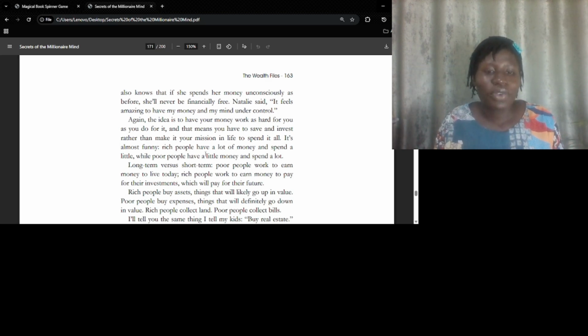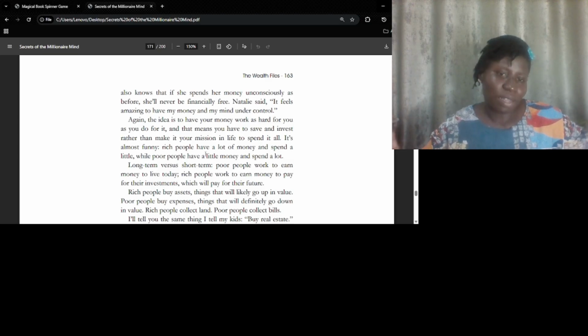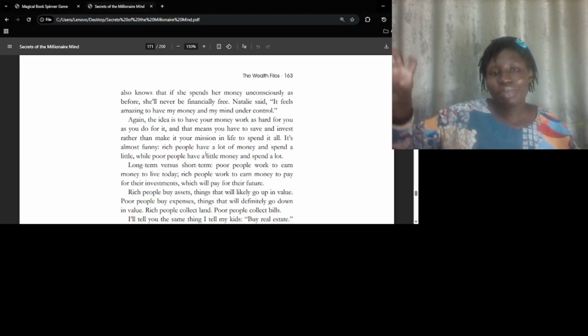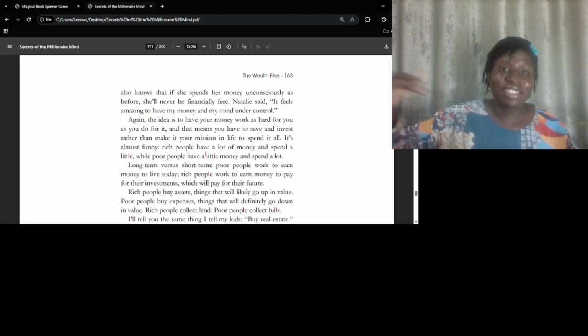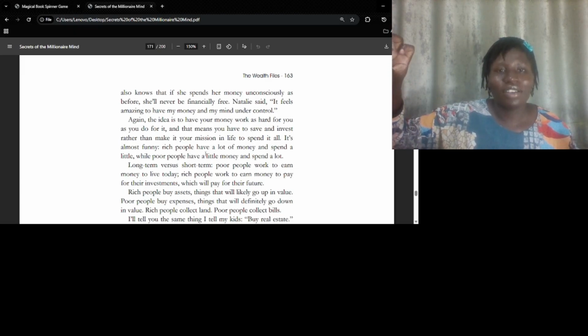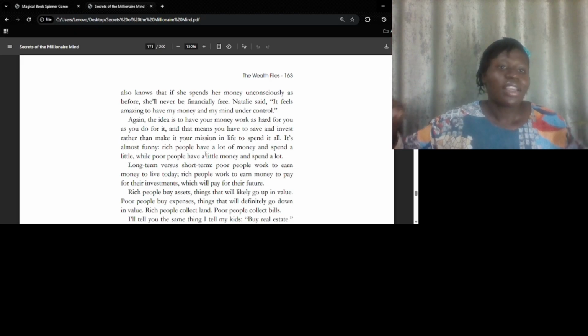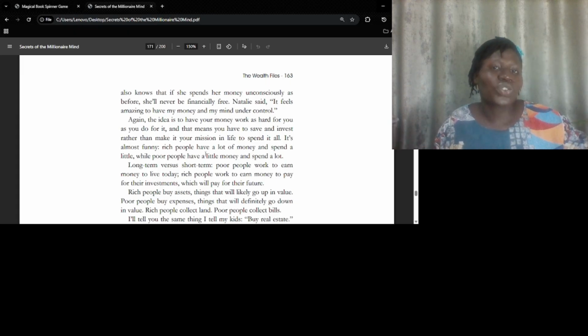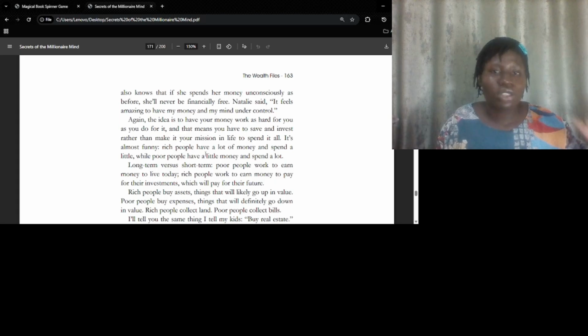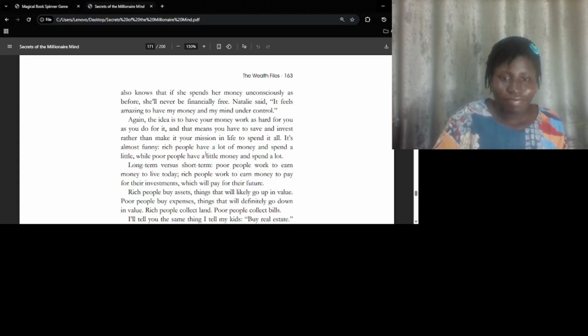And the rich mindset and the poor mindset. The rich mindset seeks to delay gratification and seeks investment and plans for the future. The poor mindset seeks instant gratification and plans for today with no mind of tomorrow. Yes.